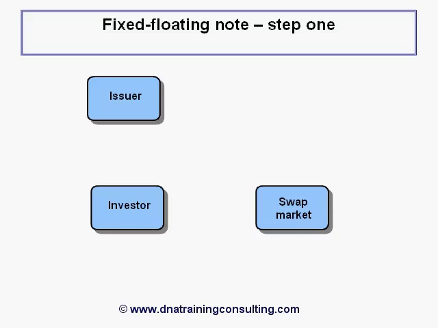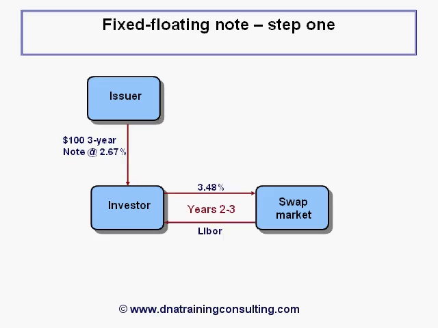So, under step 1 of the process for constructing the note, we ask the issuer to issue a 3-year note at his normal fixed borrowing rate of 2.67%. Remember that he borrows at the swap rate flat. And then we swap years 2 and 3 into floating, as indicated in this diagram.